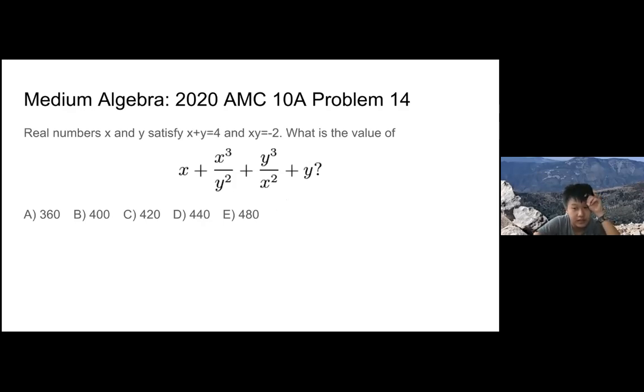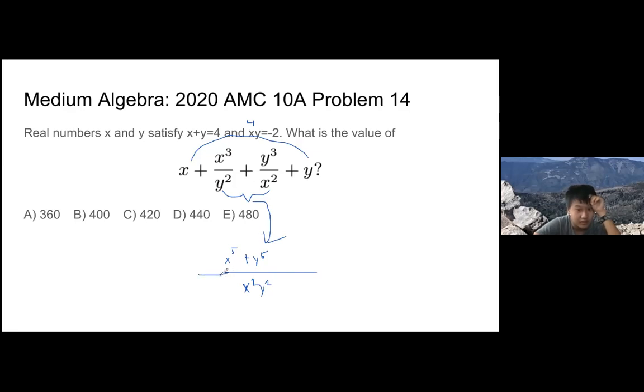So first idea might be let's try to get rid of this x plus y first, because we know that's 4. What happens if we put these two into a fraction of their own now? Let's combine them. You would get x to the 5 plus y to the 5 over x squared y squared. Now x to the 5 plus y to the 5 would not be easy to find.